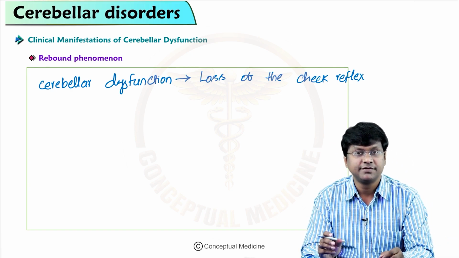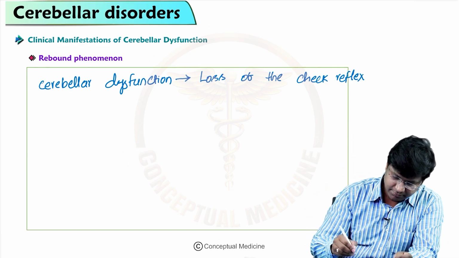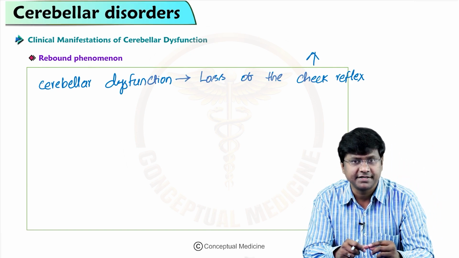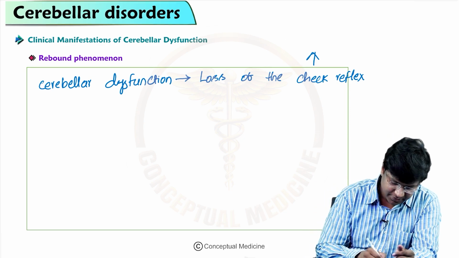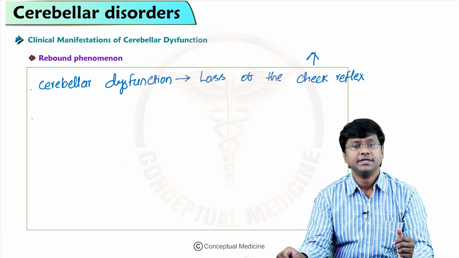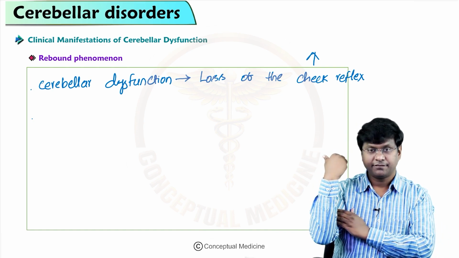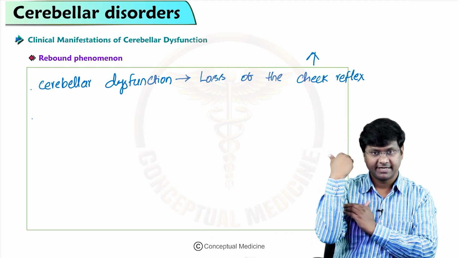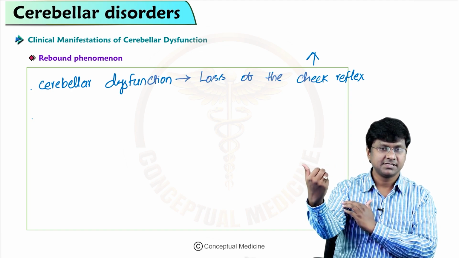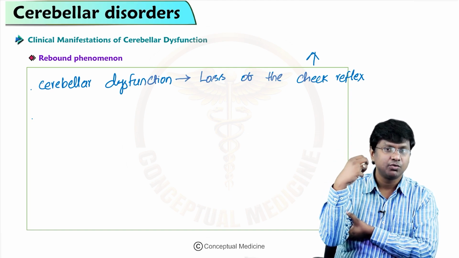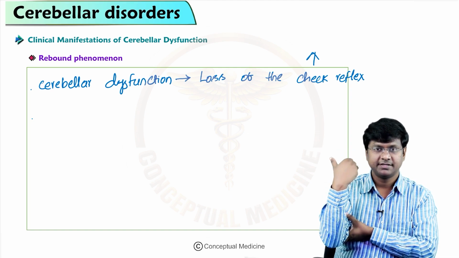Right, there is loss of the check reflex. Now, why is there loss of the check reflex? In a normal individual, whenever the resistance is removed, the flexor muscles, that is biceps, and the extensor muscles, that is triceps, both work in a coordinated manner, and thereby there will be a check reflex.